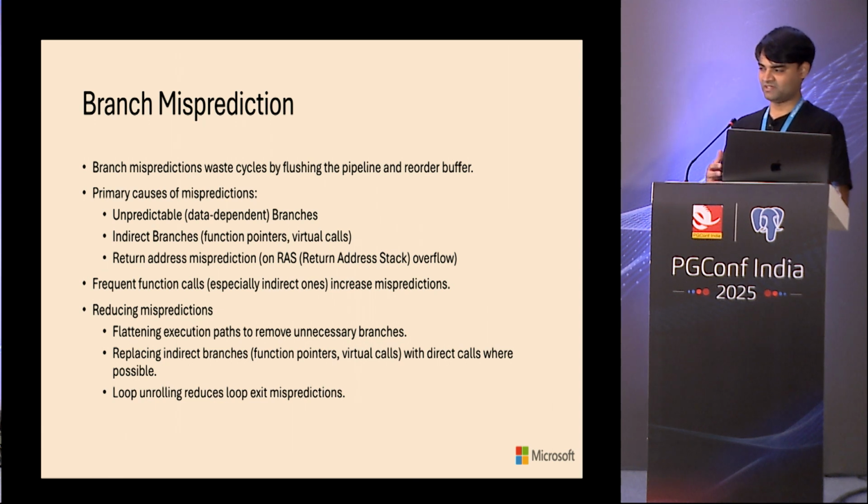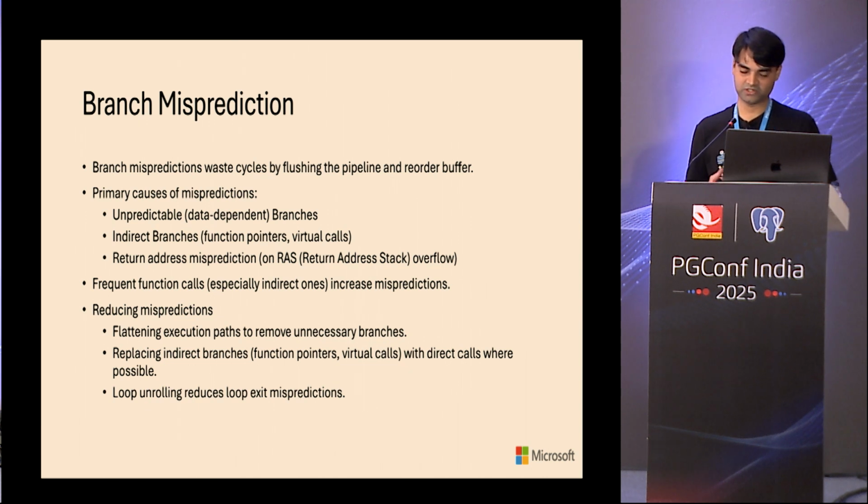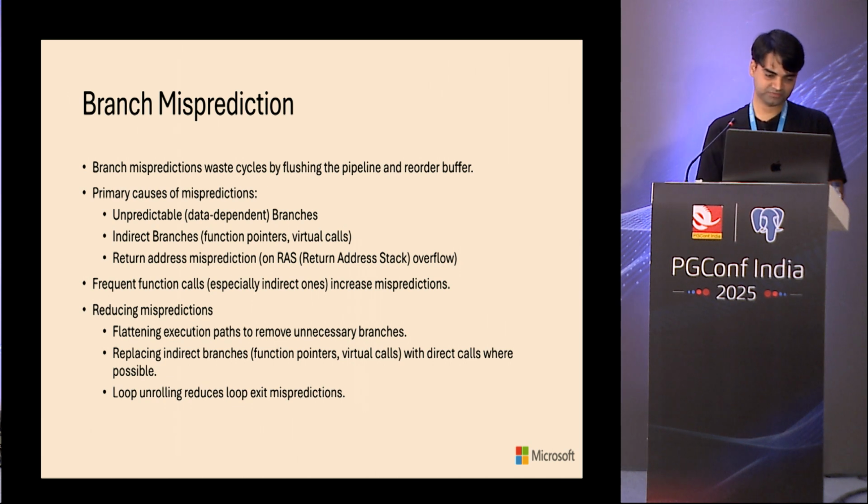Most of it is done in a software layer, but CPUs also track where the program will jump next. But if you have frequent function calls, especially with a function pointer, the jump address is only known at runtime. You have to do some computation to derive the address you would like to jump to.